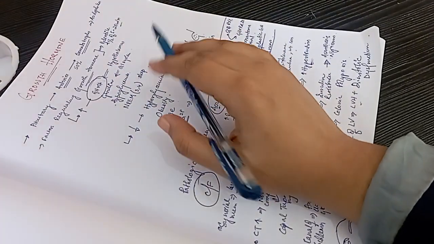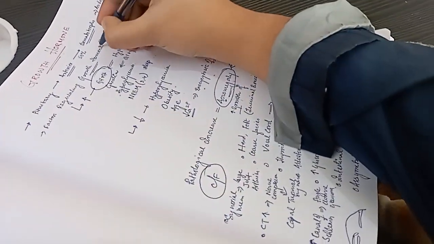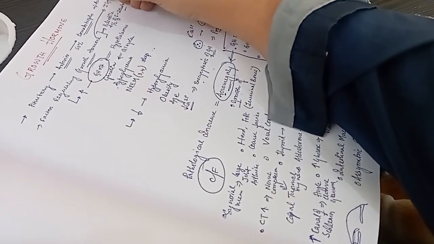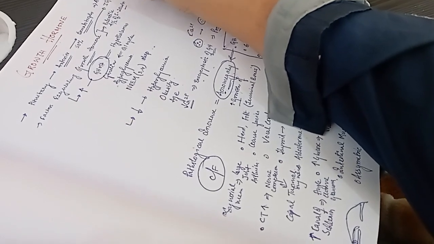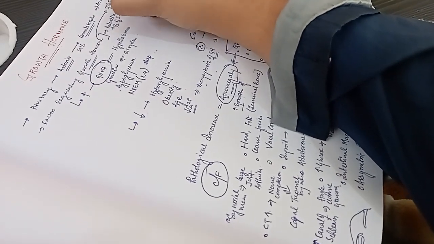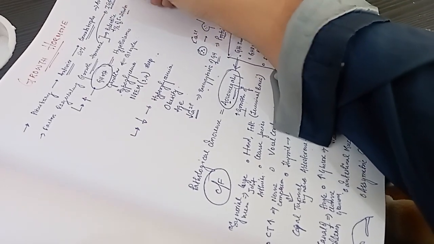Another thing we can measure is this: growth hormone converts into IGF-1, insulin like growth factor 1, in the liver.